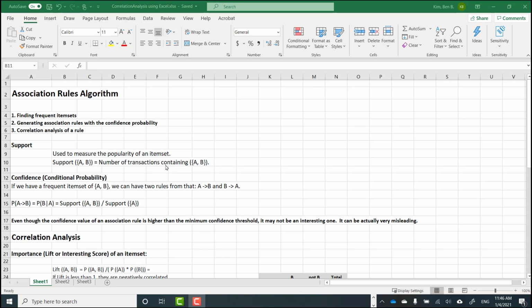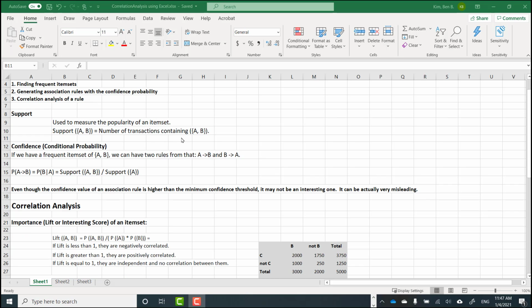We use the a priori algorithm to find all those frequent item sets in all the transactions. Once you have the frequent item sets, we can find some rules, and once you have the rules, we can calculate the confidence. And the confidence is simply a conditional probability.